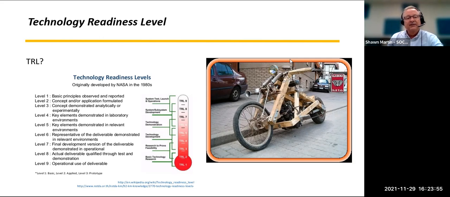When you go to level 7, it says final development version of the deliverable. Well, between 6 and 7, there's a whole other layer of engineering design refinement that has to occur. And it certainly depends on what the end game is, or the end product. But looking at this prototype, I would say it's pretty crude and it hasn't been refined. I'm looking at forks that are made out of wood.